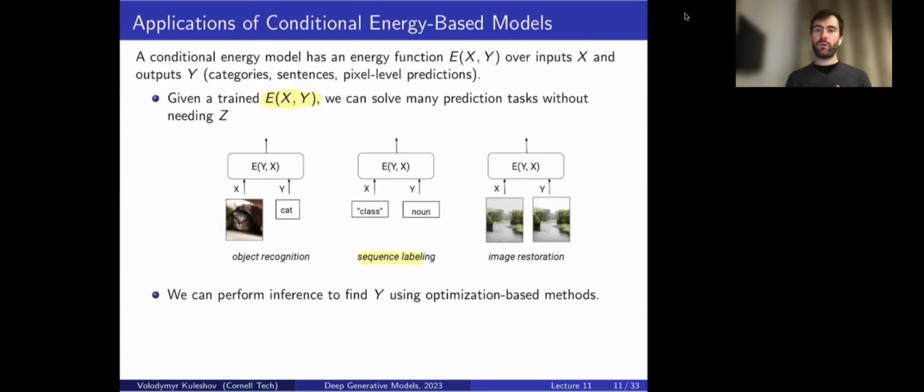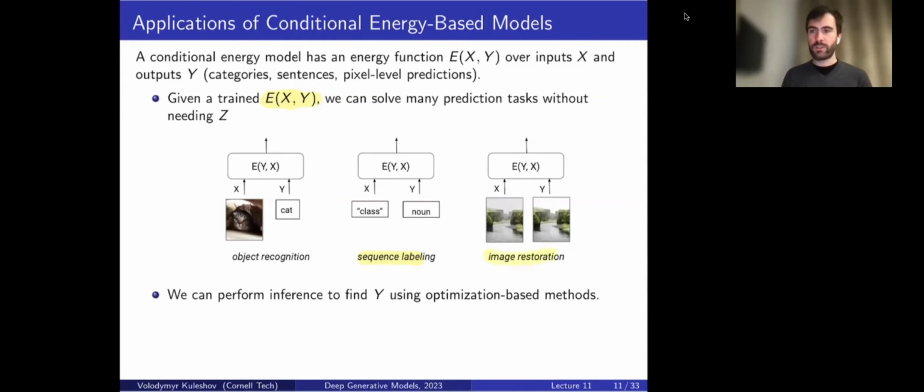Then that involves only maximizing the energy, not the probability. The assignment of y that maximizes the probability is the same one that maximizes the unnormalized energy. Therefore, we can reduce the task of finding a good y to an optimization problem over an objective whose evaluation is tractable, and therefore the downstream task can be tractable as well.